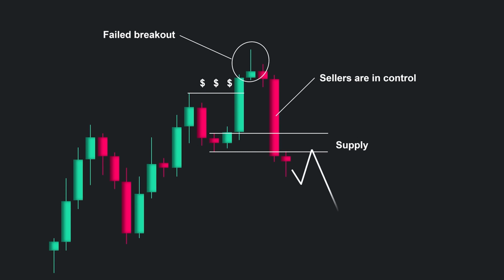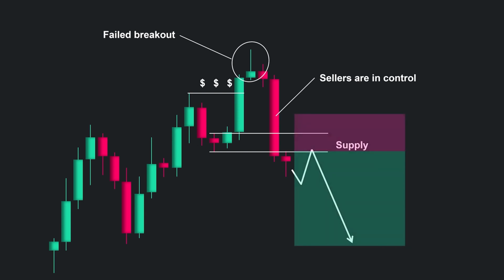When the price pulls back to this supply area, it creates a great opportunity to enter a short trade, since this zone, which was previously a demand level, now acts as supply. By entering a short position at this point, we can take advantage of the bearish momentum, giving us a high-quality trade setup with a good risk-to-reward ratio. The same concept applies to the bearish scenario.